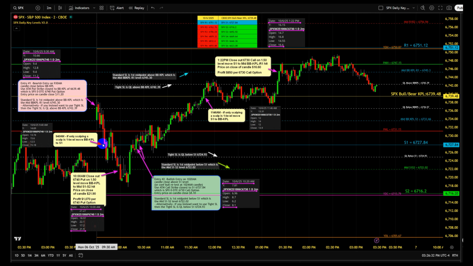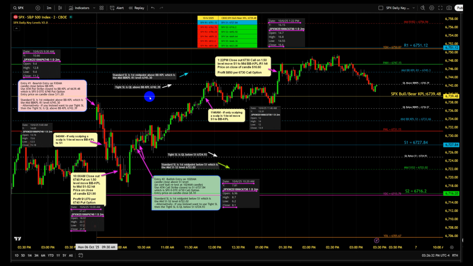Now, if you are looking for a normal move, your target exit on a normal move with this indicator is going to be, the minimum target is a 1.5 level move. Since this is a half level, this is a full level, you simply look to the next midpoint level below, and that is mid S1, S2. That is your 1.5 level move.